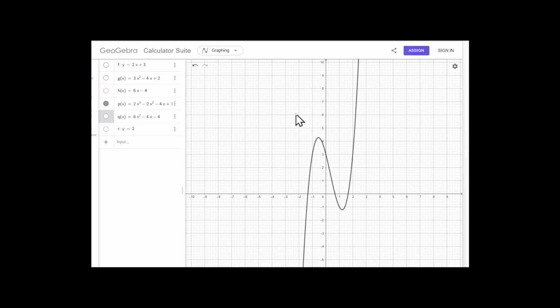Then, as this gets less and less steep as it reaches this turning point, the gradient must also come down and approach 0.